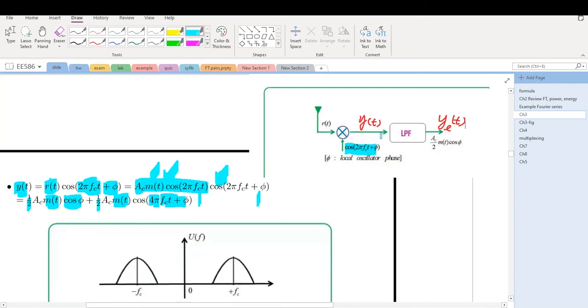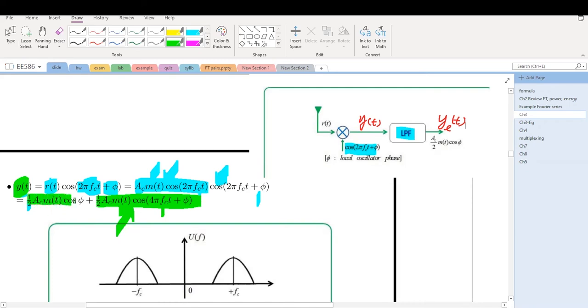And this signal will pass through a low-pass filter. If we look at the signal here, 2fc is the frequency component of this cosine signal. So this whole thing has its frequency component centered at double fc. That's a high frequency. So if we pass this whole signal y(t) into the low pass filter, the high frequency components will be filtered out.